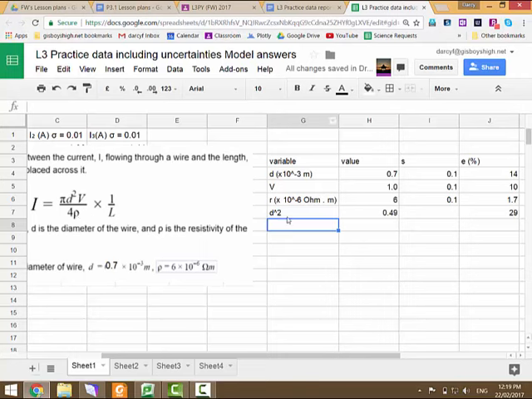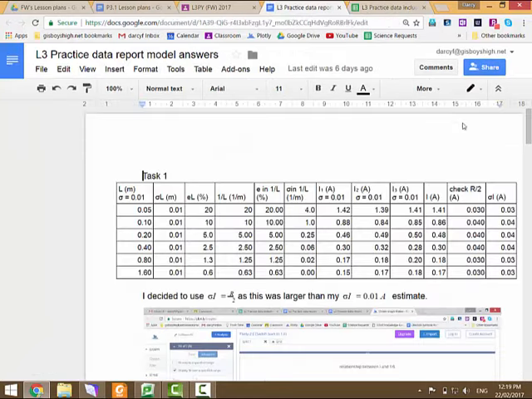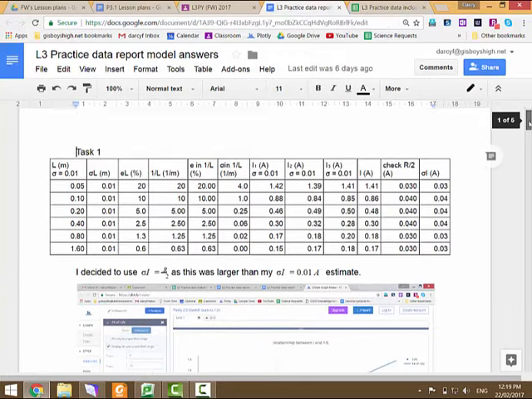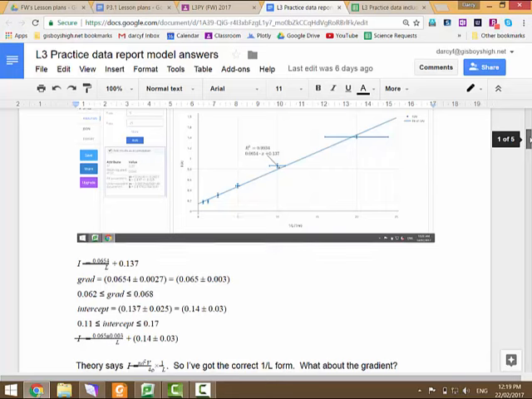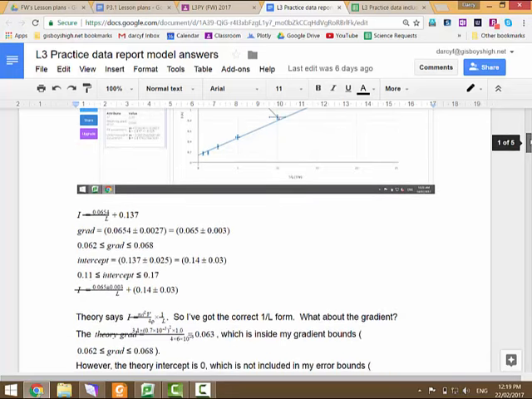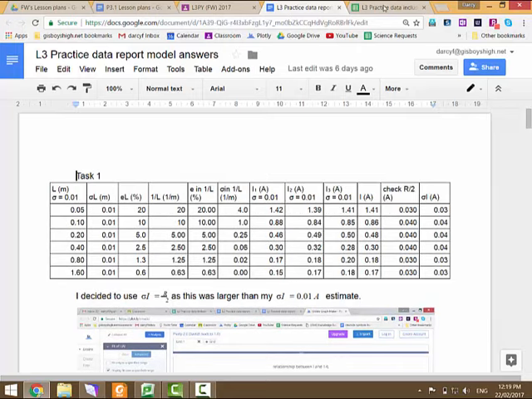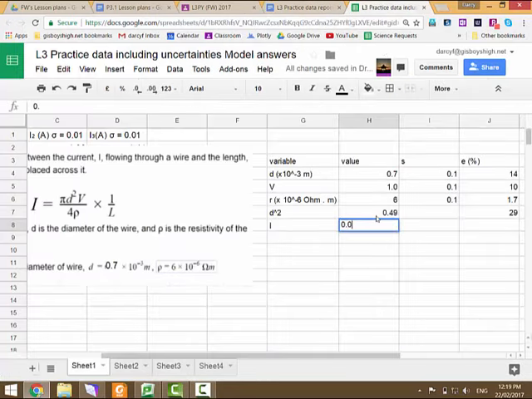And if I zoom over to my practice report data and copy from here my value of I, which we worked out in theory was 0.063. There's my value of I. I worked it out previously: pi times d squared times v over 4 rho. That's what that comes to. Okay?